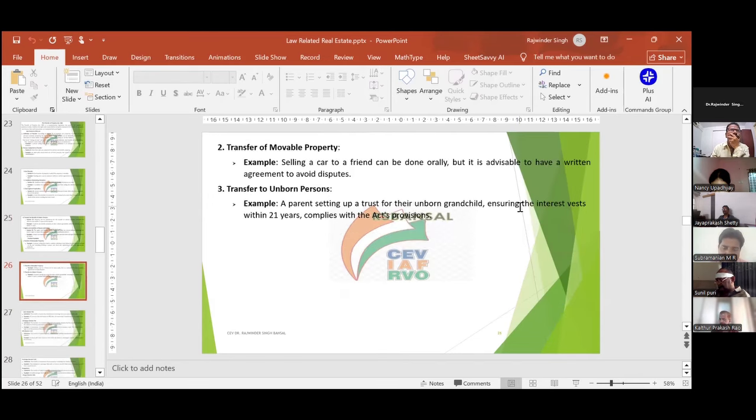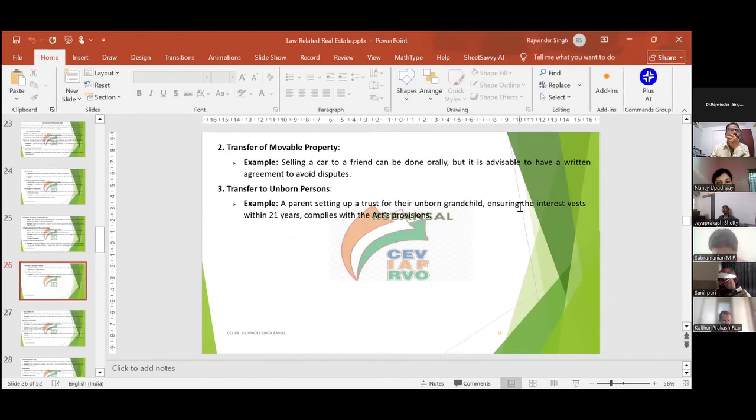It is important for immovable property. In case of movable property, it can be done orally as we have already discussed, but it is advisable to have a written agreement to avoid disputes in future.